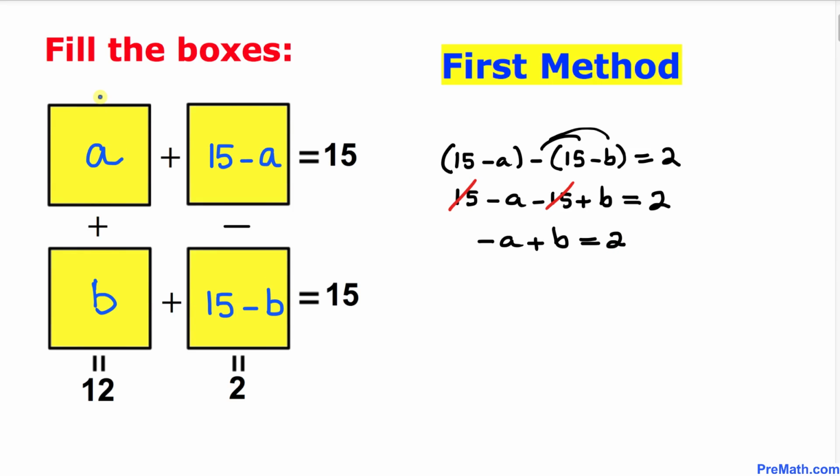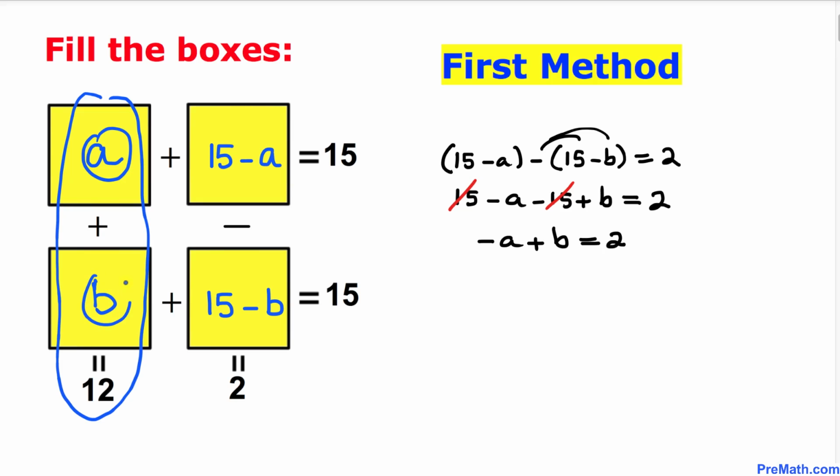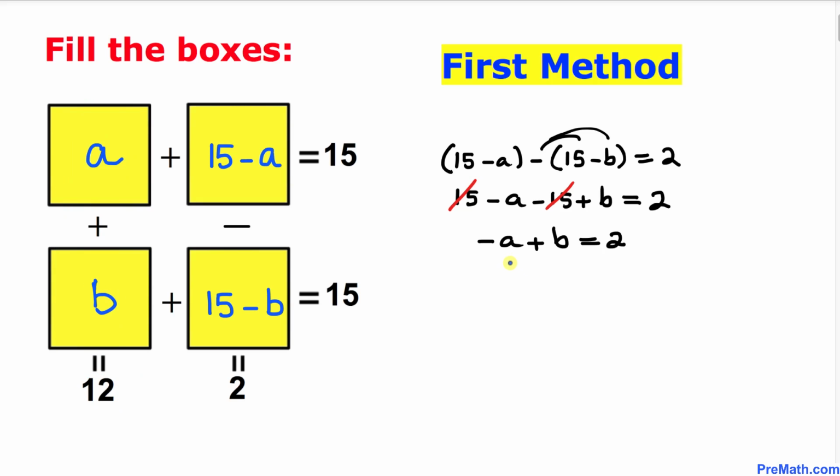And now let's focus on these horizontal boxes. So this is going to become A plus B has got to be equal to 12. So let me go ahead and write down A plus B equals 12. Now let's add these two equations.